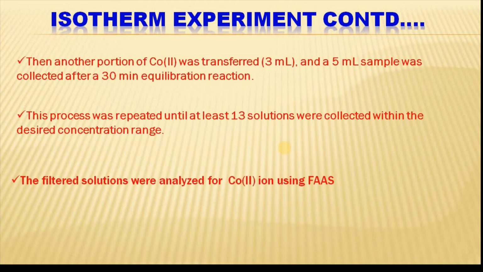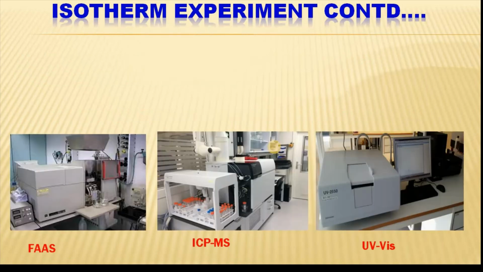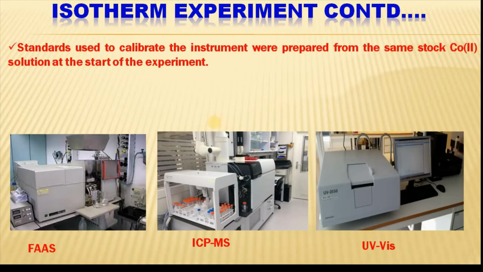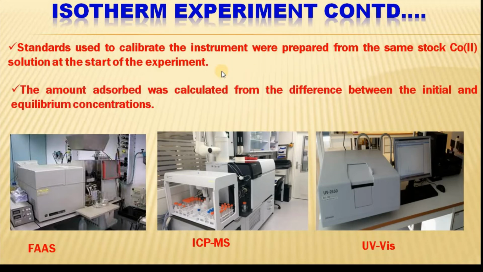Then the filtered solutions were analyzed for cobalt ion using flame atomic absorption spectrophotometry. At the beginning of the experiment, we need to prepare several standards to calibrate the instrument. Then the amount adsorbed was calculated from the difference between the initial and equilibrium concentration.